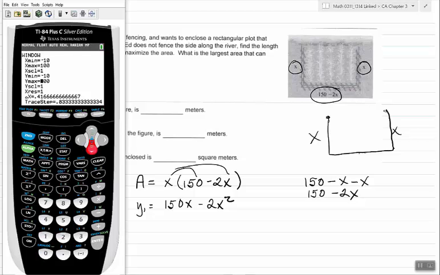And Y max, I don't know. It's going to be an area. Let's put 500. Okay, now I could turn off my Y equals 0. That's what's plotting down here. All right, my Y max is not anywhere close to enough. What if I tried 1,000?